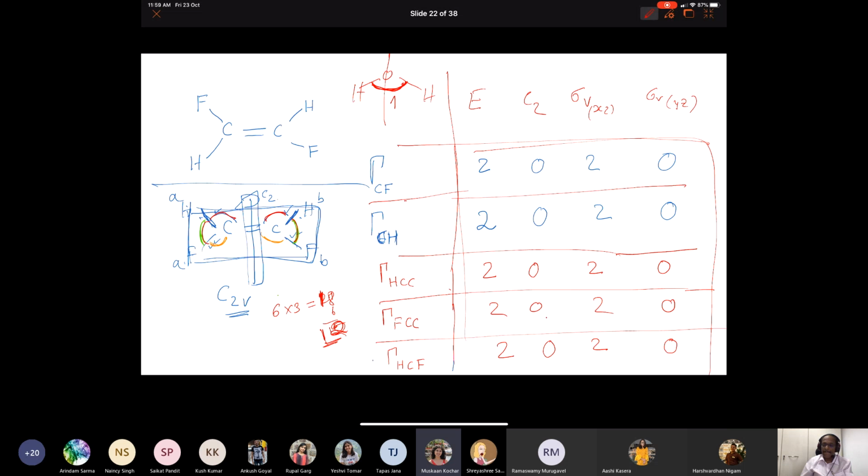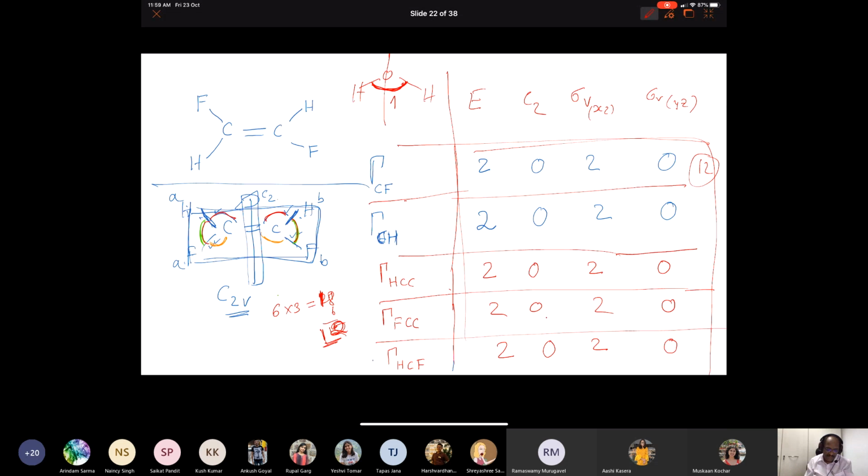I have a doubt. Why didn't we take tau CC bond? We took tau CF, tau CH. I mean, this will not add up to 12. See, these are only individual ones. You're only looking for a particular vibration, only those you will be interested in.